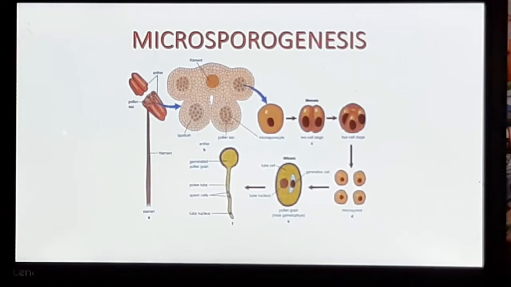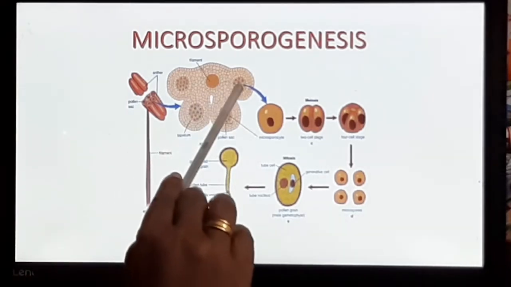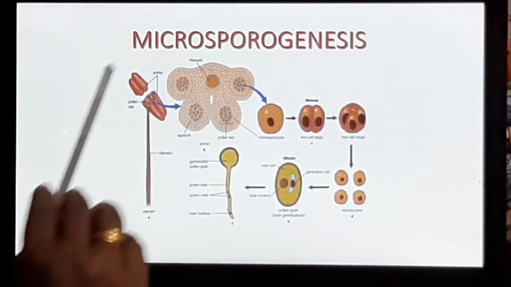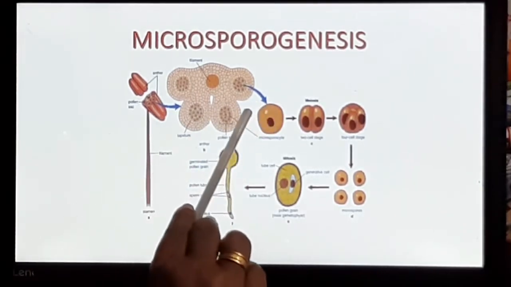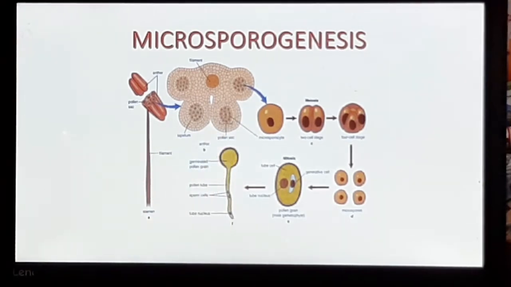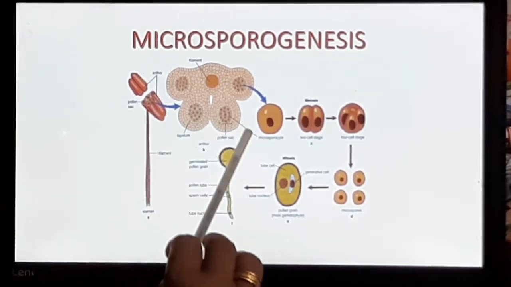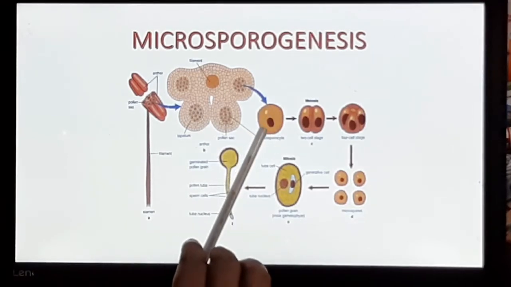As we have learned earlier, sporogenous tissue is a homogeneous mass of cells located inside the microsporangium. Each cell of the sporogenous tissue is capable of giving rise to a microspore tetrad. Each cell is a potential microspore mother cell or pollen mother cell, which is a diploid cell.